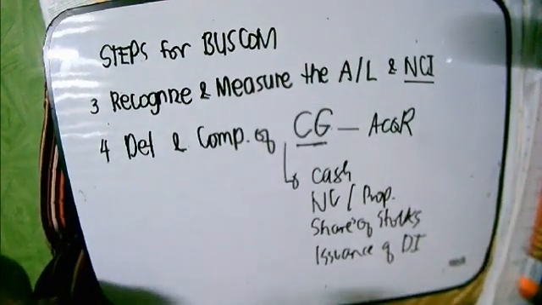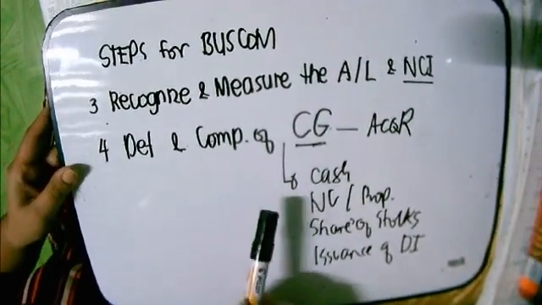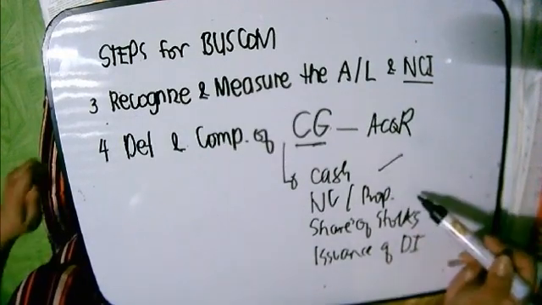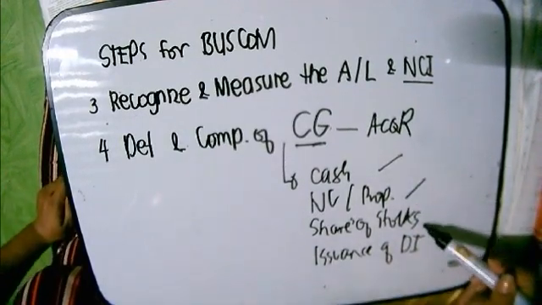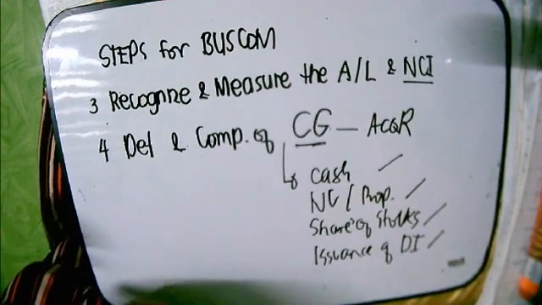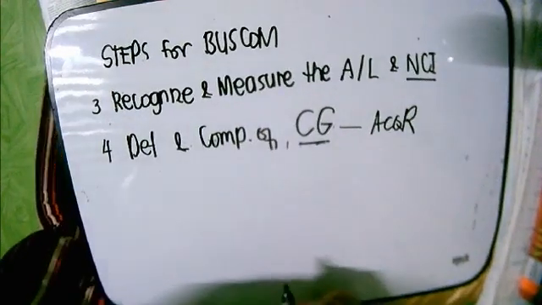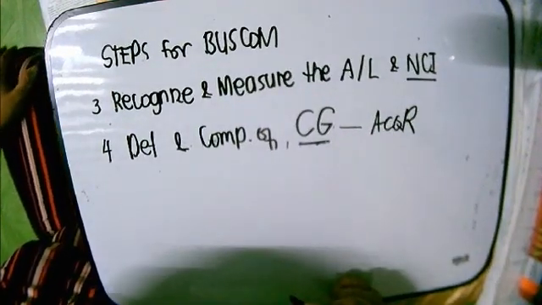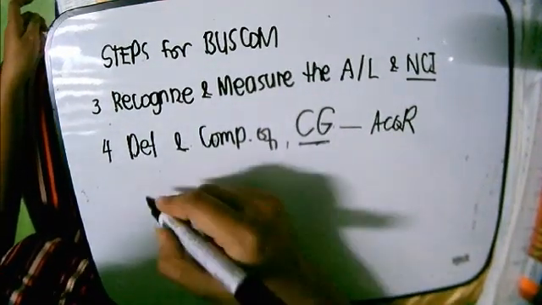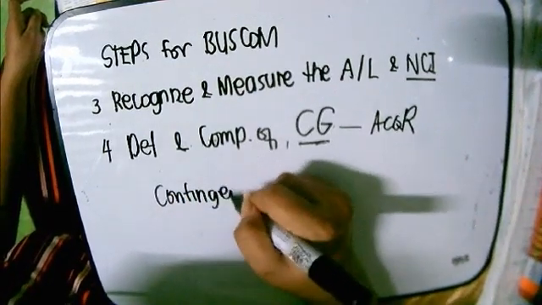Again, pag nagkaroon ng business combination, pwede ipambayad ang cash, pwedeng property, pwedeng shares, and pwedeng through issuance of debt instrument. So, aside sa consideration given, meron tayong tinatawag na contingent consideration.